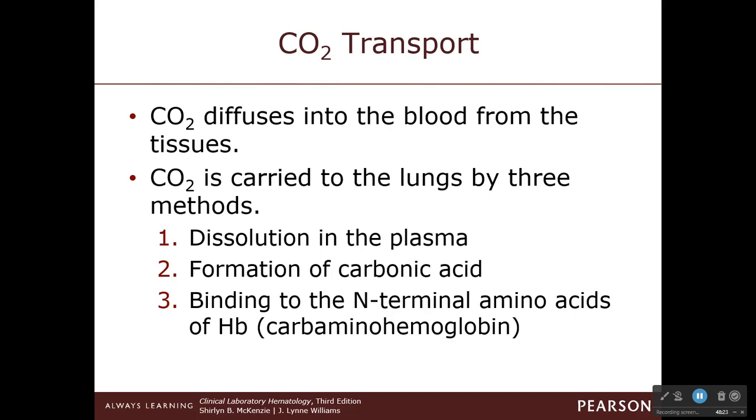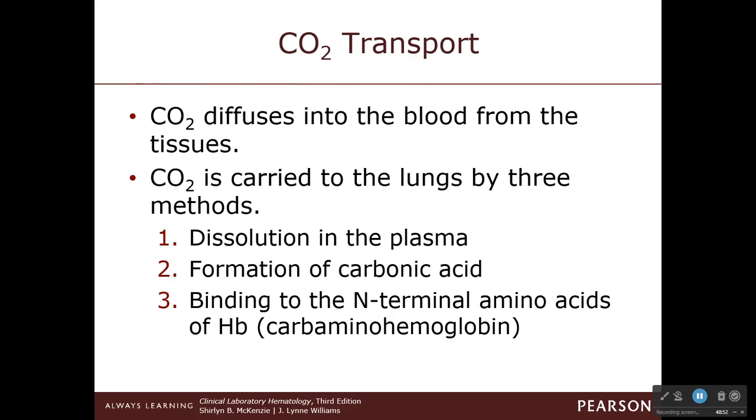Alright, so CO2 plus water with Ca, okay? Ca is an enzyme. Carbonic anhydrase, is that right? Is it in there? It says carbonic acid. I know, but does it talk about the enzyme?